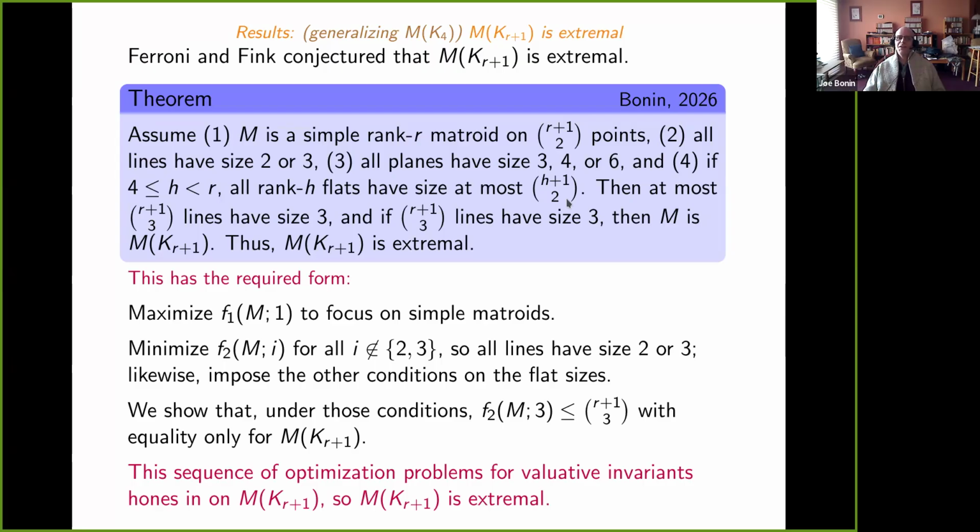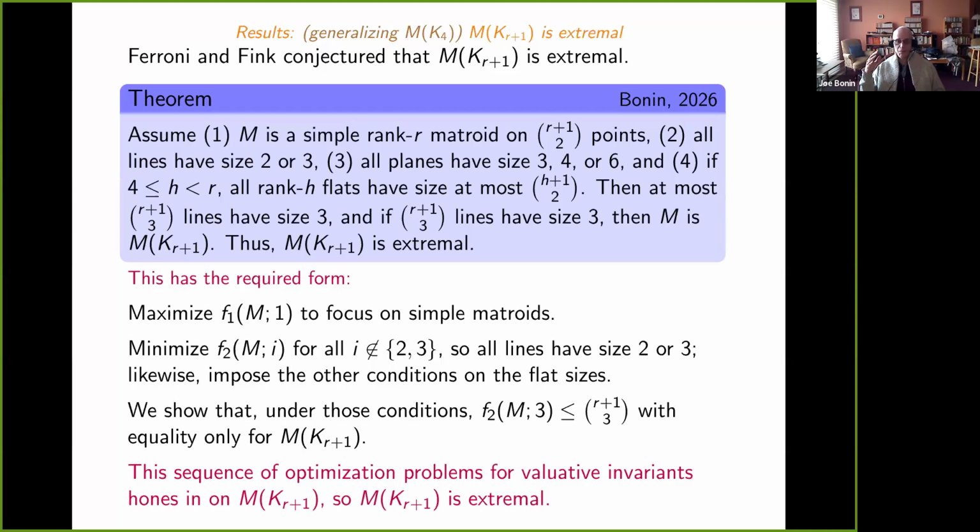Given those conditions, we can show that there are at most R plus 1 choose 3 lines of size 3. And if you have R plus 1 choose 3 lines of size 3, then you have a cycle matroid of a complete graph. So the important thing is, how does this actually fit their theorem?